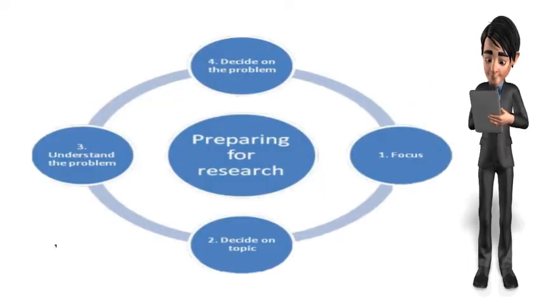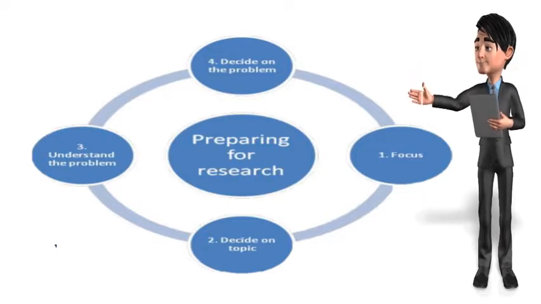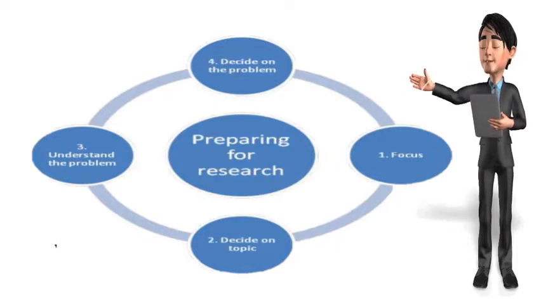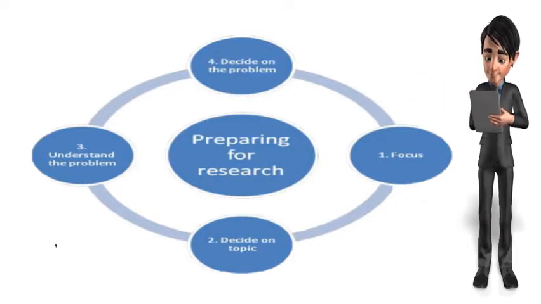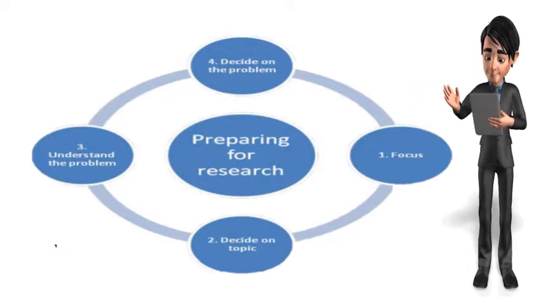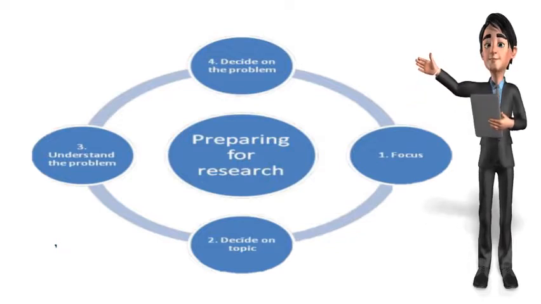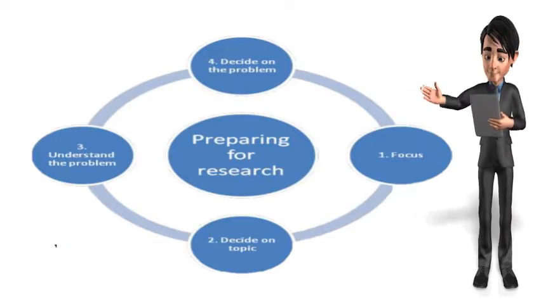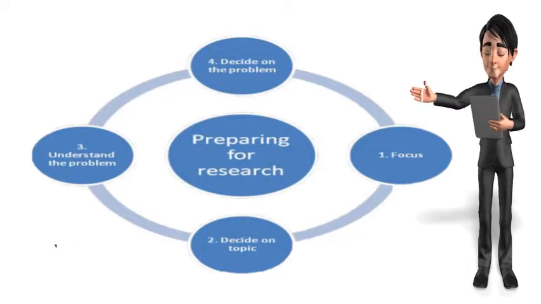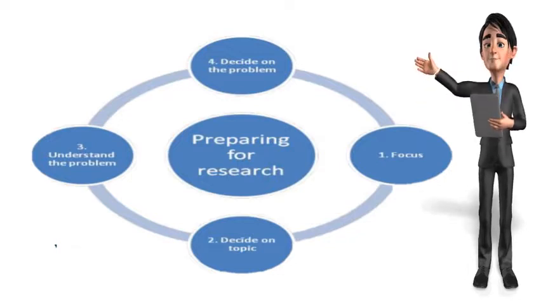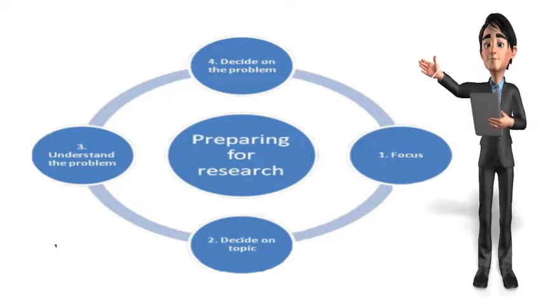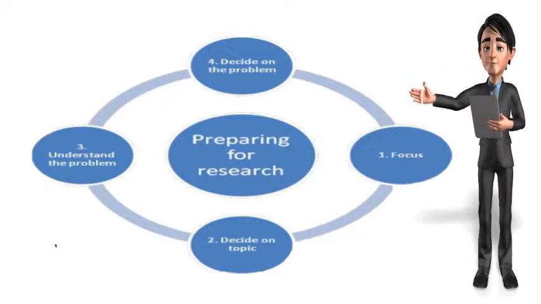So in preparing for research, you have to first focus, decide on topic, understand the problem, and decide on the problem. You're not going to make something else without focusing on what to do. So you have to focus on the specific topic that you're going to study. Decide on a topic that you are comfortable to work on.